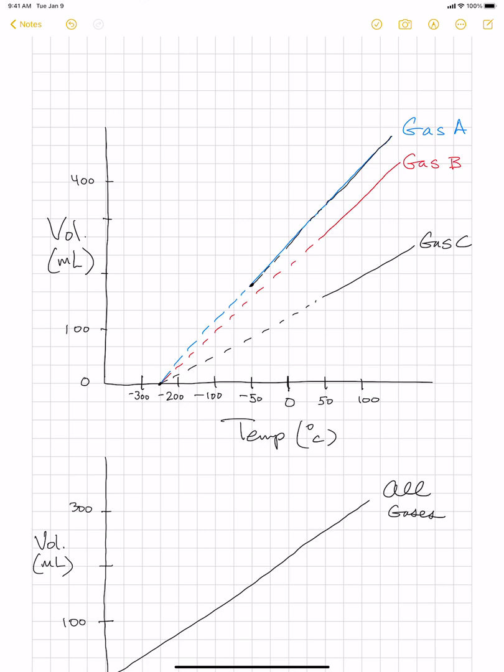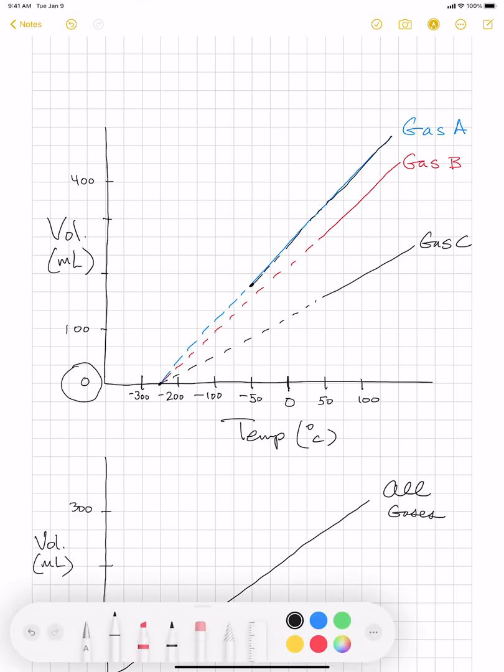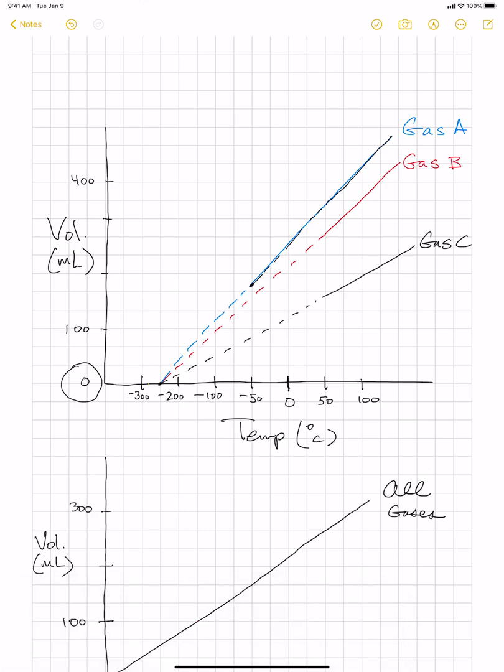As we extrapolate this line back to where it hits the x-axis at zero volume, and think about that, zero volume is pretty much the lowest you could go for volume. It doesn't even really exist. The gases would all intersect the x-axis at the same temperature, and that temperature is here.